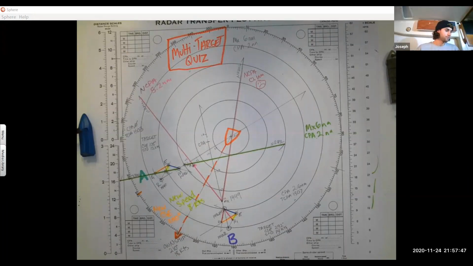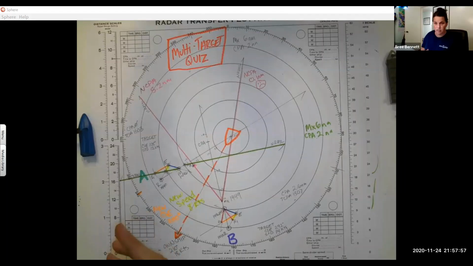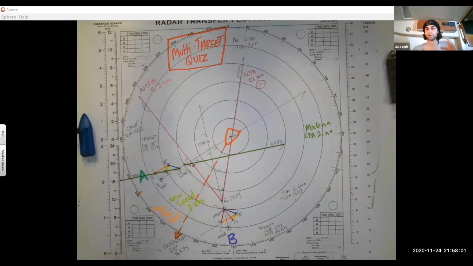No, but it's needed for the course. The course for the CPA. Yes, what is the new course? No, like way before that, just the CPA itself, once you have that plotted. Oh, my terminology is horrible right now.